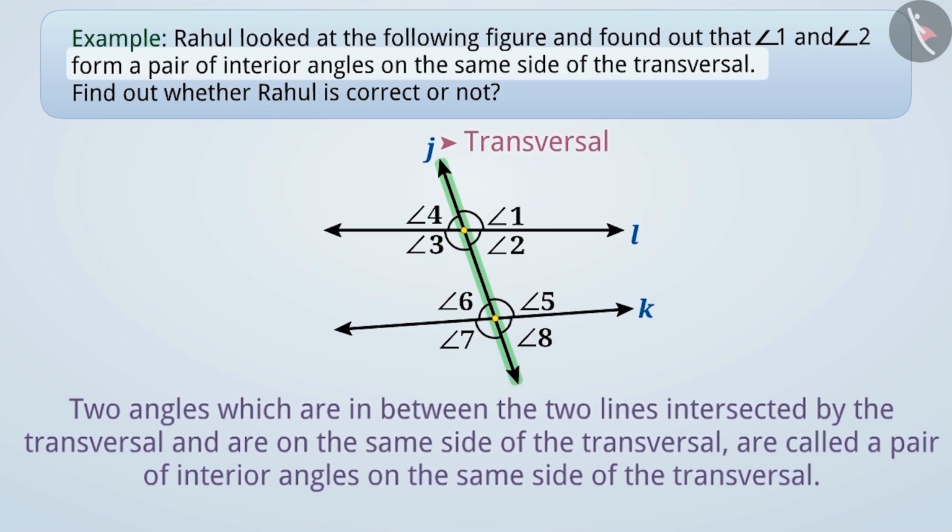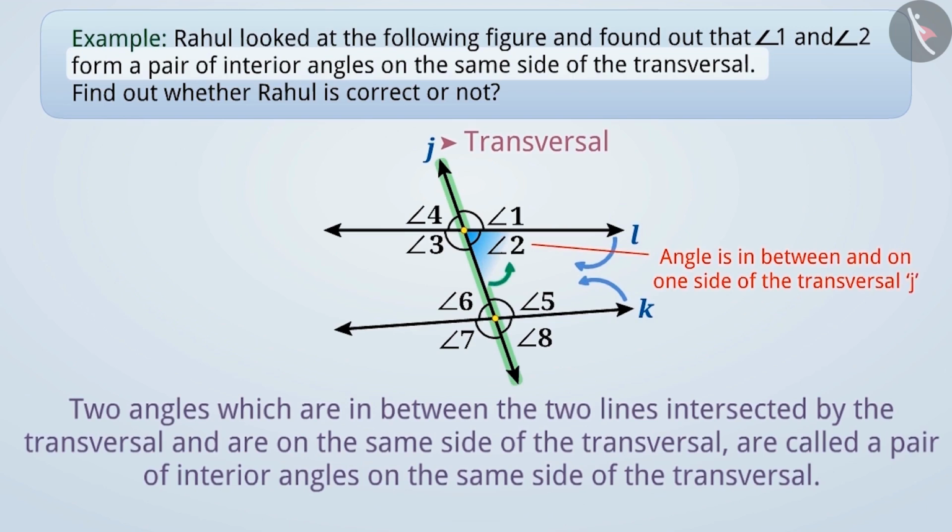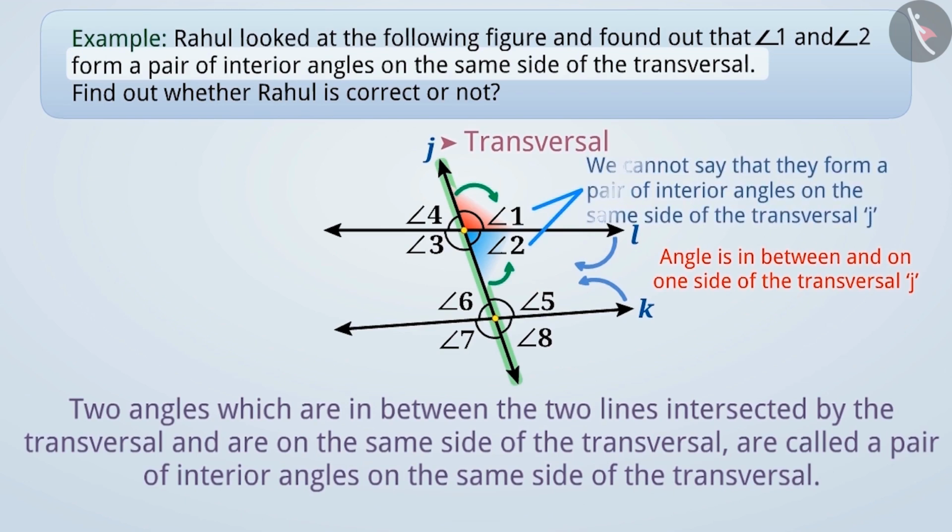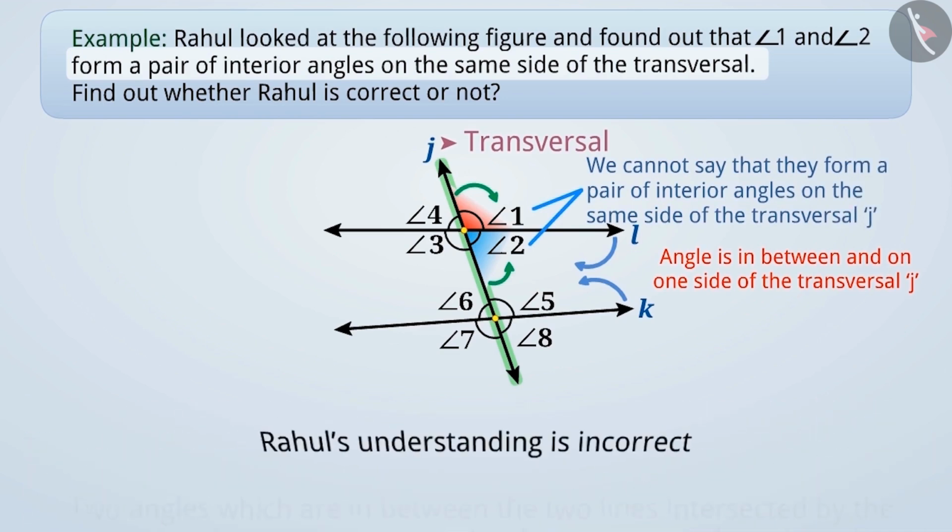If we consider angle 1 and angle 2 is in between the lines L and K, and also on one side of the transversal J. But if we take angle 1, it is on the same side of the transversal where angle 2 is located, but it is not in between the lines L and K. Therefore, we cannot say that these two angles form a pair of interior angles on the same side of the transversal. That's why Rahul's understanding is incorrect.